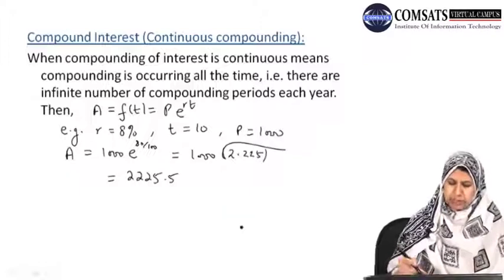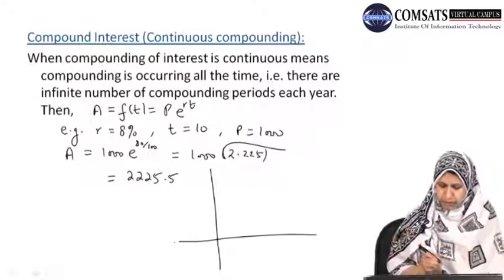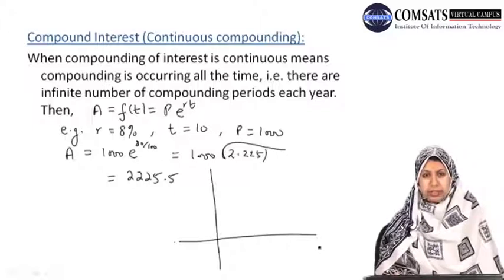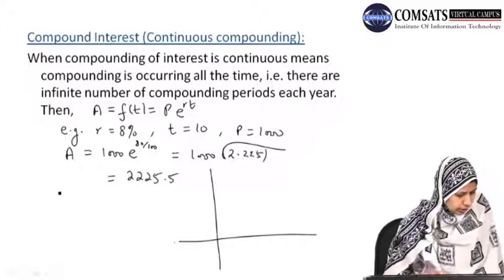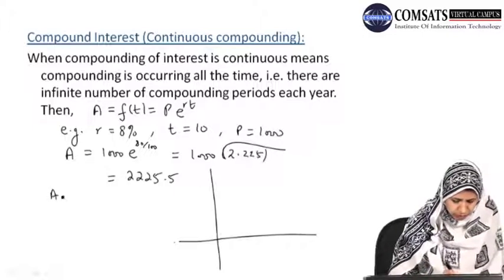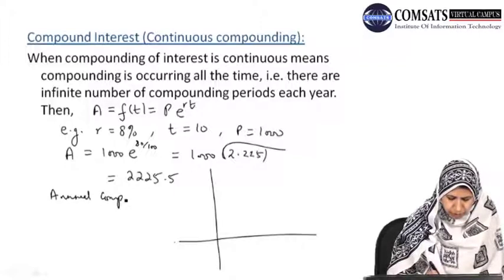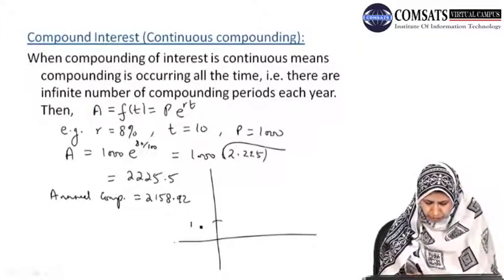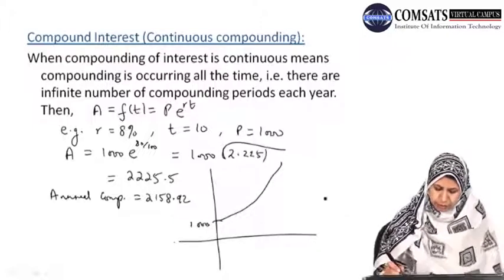If we want to compare this continuous compounding with the annual compounding, we have solved this particular case for time t equal to 10 years and when the interest rate is 8%. We obtain from the annual compounding 2158.92, initially starting from 1000, which is this graph.